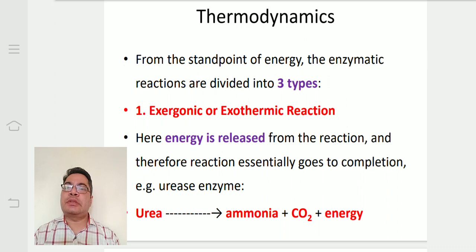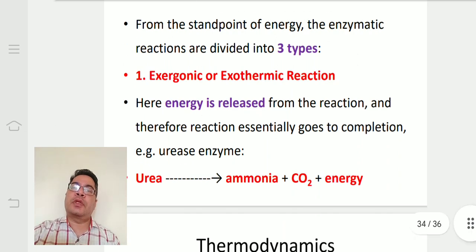Example, urease enzyme, where urea gives ammonia plus carbon dioxide plus energy. At the equilibrium of this reaction, the substrate will be only 0.5% and product will be 99.5%. Such reactions are generally irreversible.